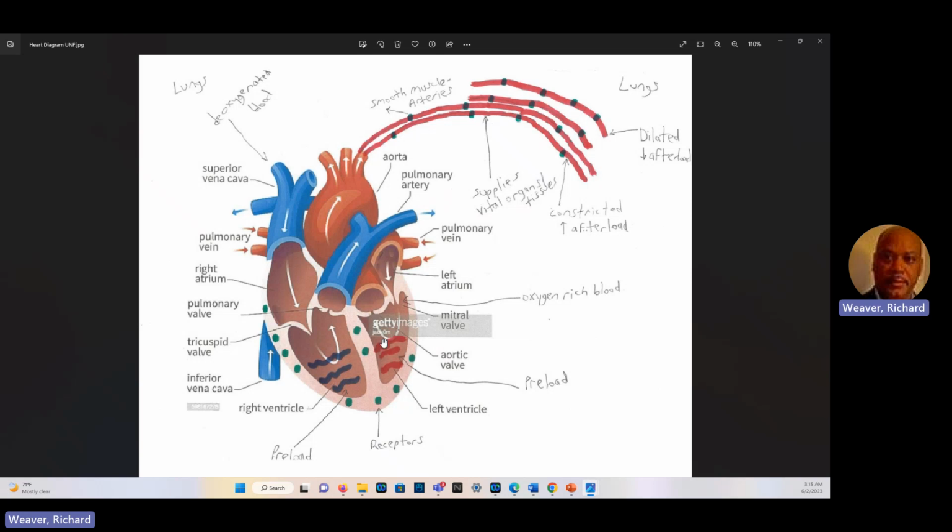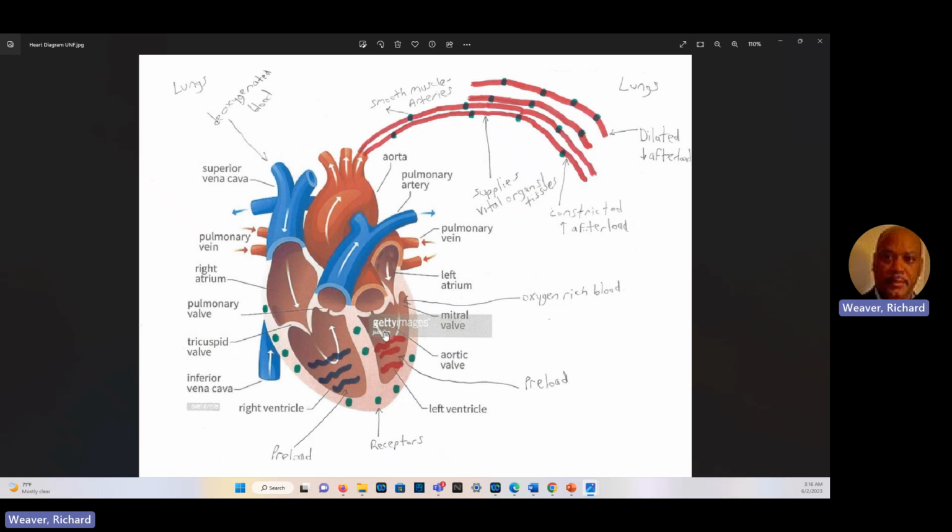And so in order to decrease that afterload or that resistance, we give a patient a vasodilator, right, because we want this here. And this allows the left ventricle to work less. All right, the workload of the left ventricle is reduced, and this is what we want.